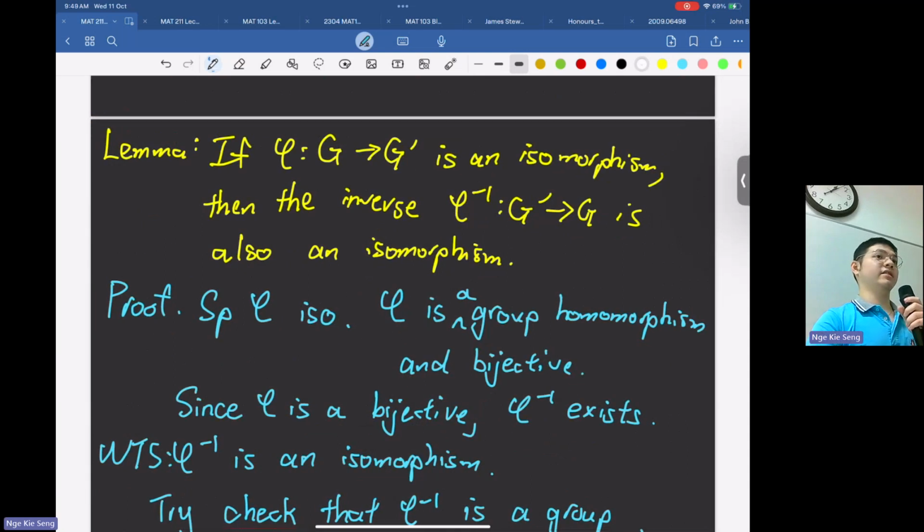And then transitivity. If G is isomorphic to G prime, and G prime is isomorphic to G prime prime, is G isomorphic to G prime prime? If I'm the same as Wensuo, and Wensuo is the same as Y, am I the same as Y?